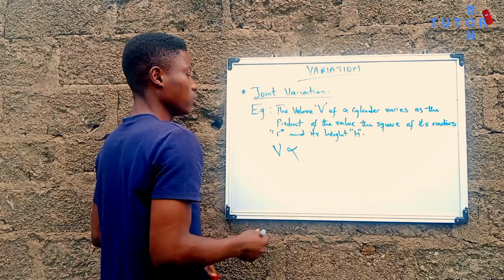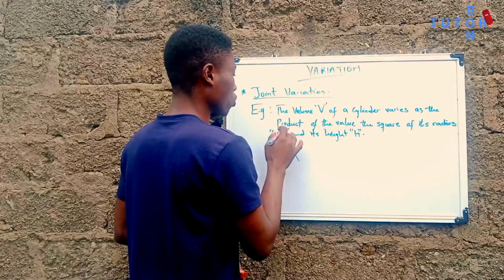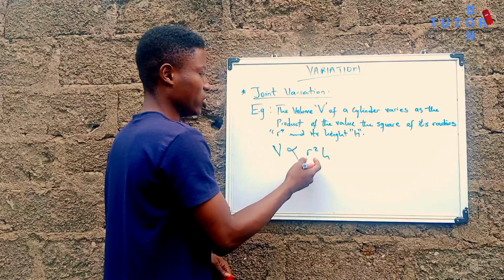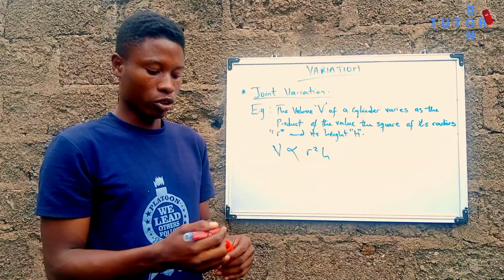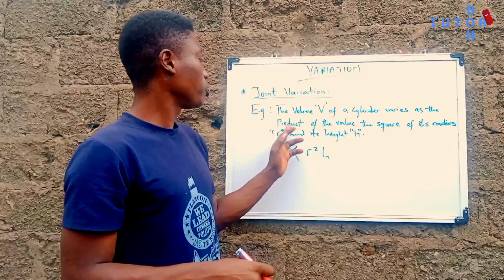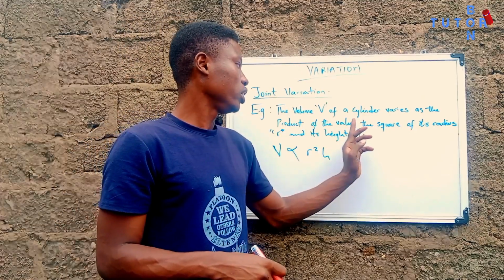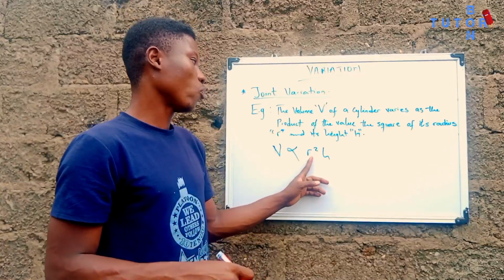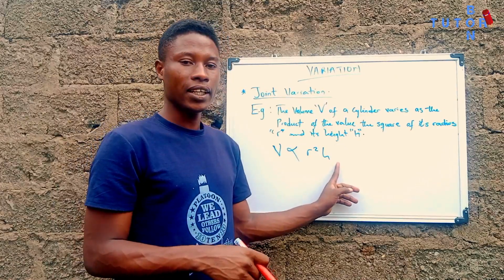your V varies to the square of its radius and height h, and it says the product. So it means the product of the square of its radius r, which is r squared, and its height h.